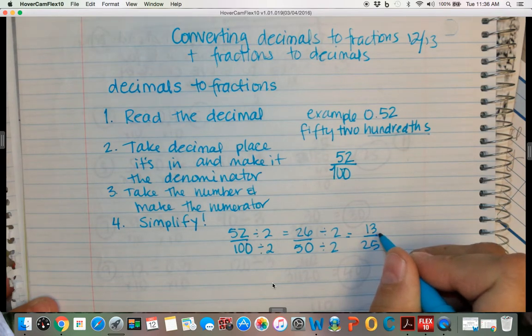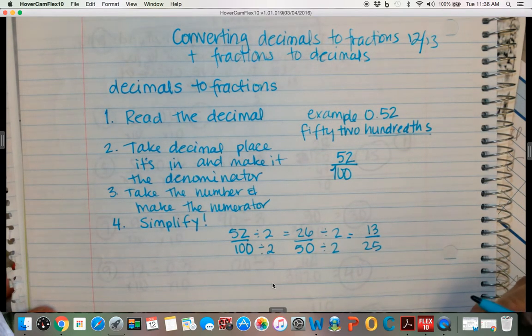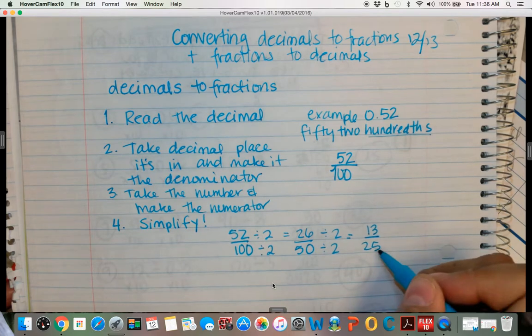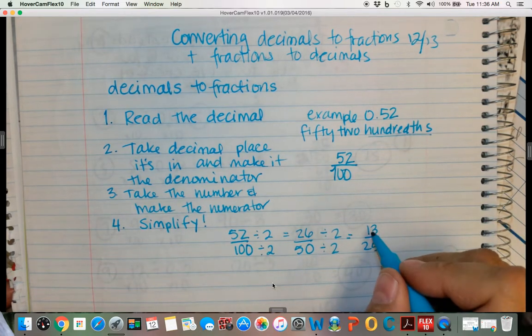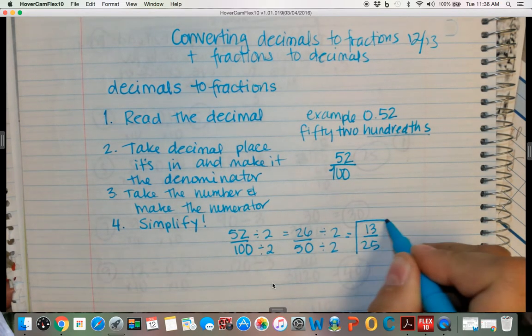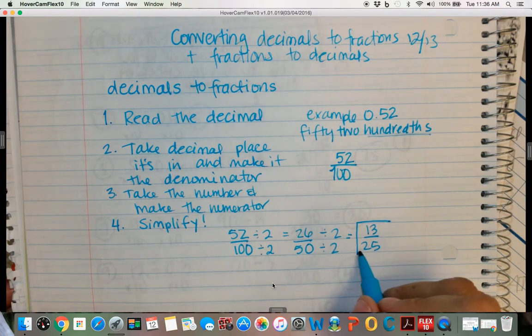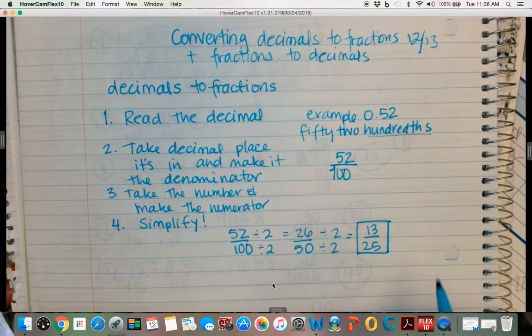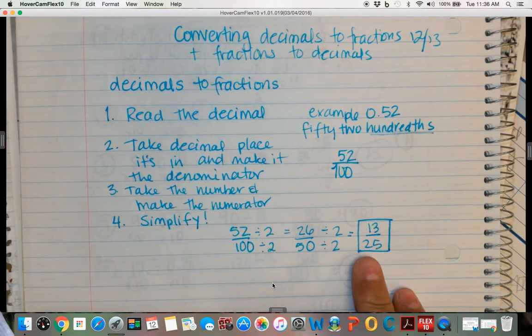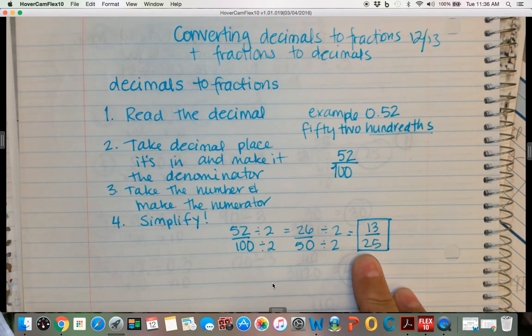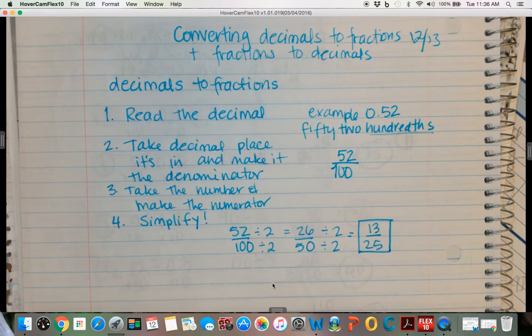I know 13 is a prime number, so I can't actually continue unless my denominator is a multiple of 13, which it is not. So the simplified version of 52 hundredths is 13 over 25. This last step is important, especially when they ask you for simplest form. Okay, so that's one way.